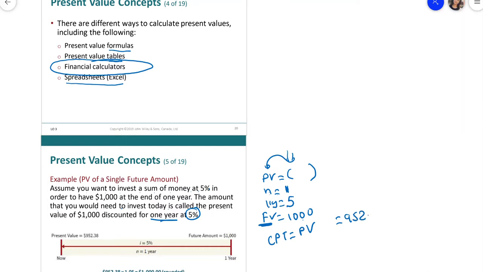You should get an answer of 952.38. That will be a negative number. If you're investing it, it will be negative, meaning that we need to take $952.38 out of our bank account to invest in order to receive $1,000 one year from now.